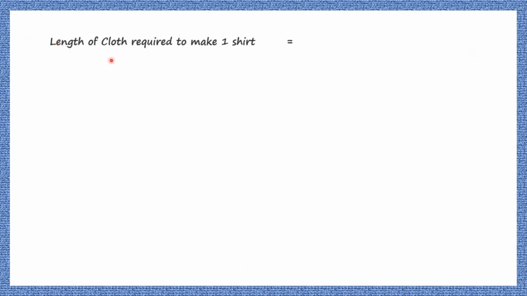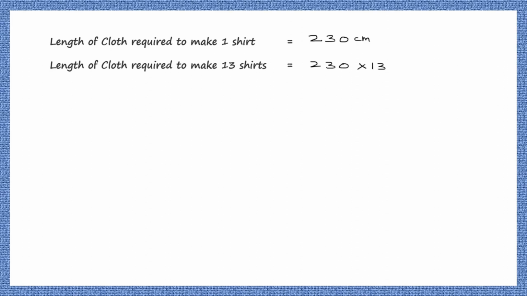So length of cloth required to make one shirt, we already know it is 230 centimeters. So what will the length of cloth required to make 13 shirts be? It will be 230 into 13. So let's multiply that. 230 into 13. 0, 3 threes are 9, 3 twos are 6, then again a 0, 1 zeros are 0, 1 threes are 3, 1 twos are 2.